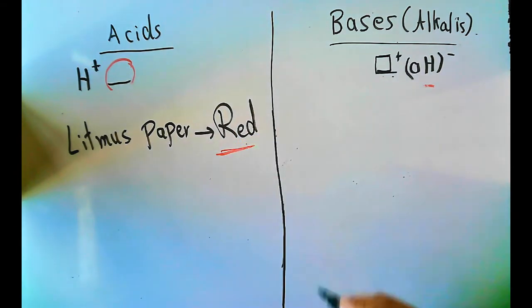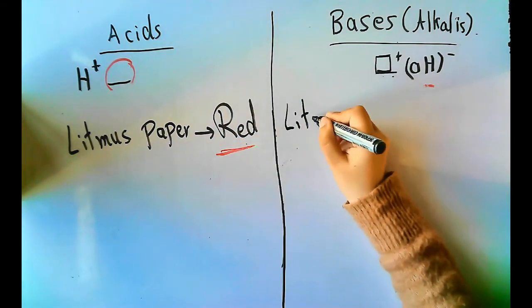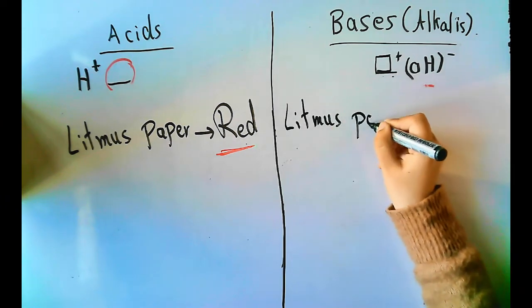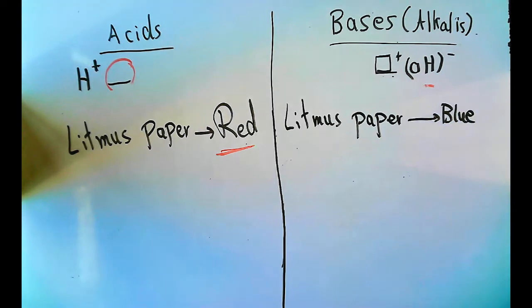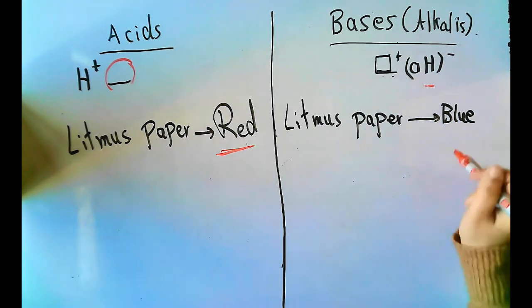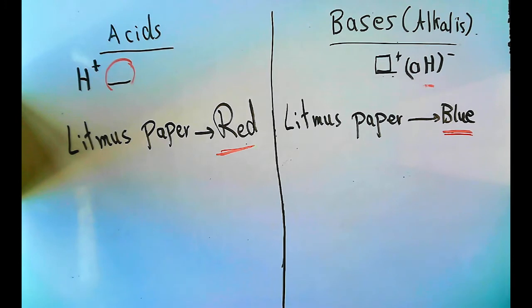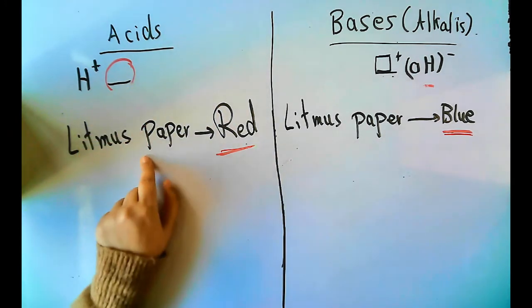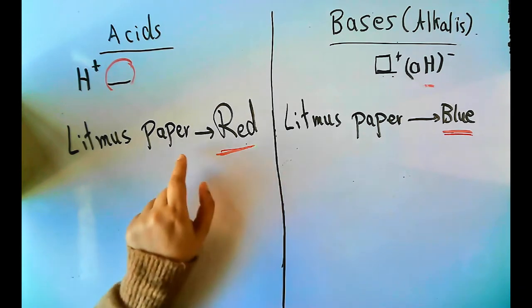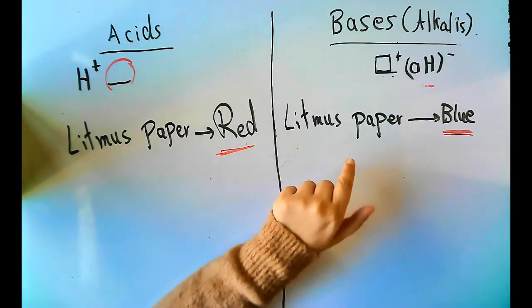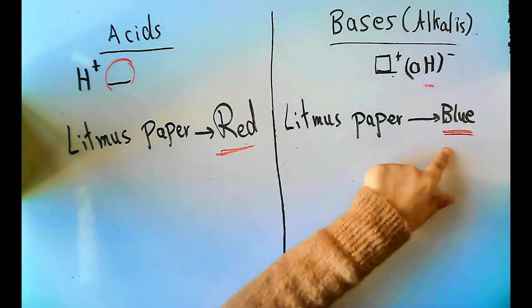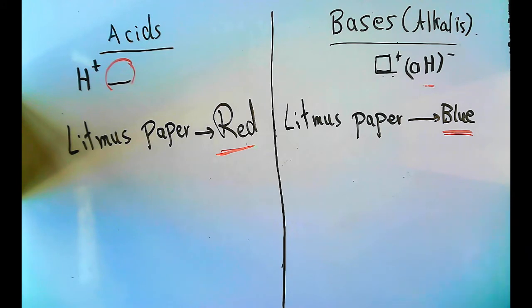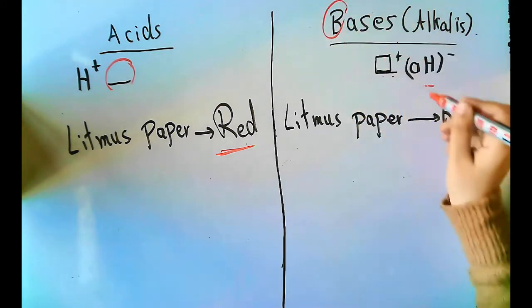But bases turn the color of litmus paper into blue. So acids turn the color of litmus paper from blue to red, but bases change the color of litmus paper from red into blue. Remember, base is blue.